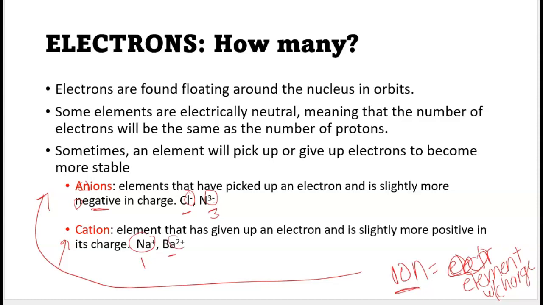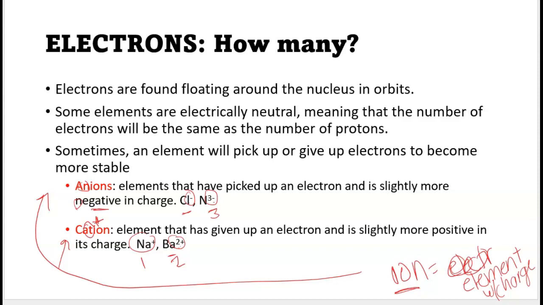Barium in this case is 2+, meaning that it gave up 2 electrons. That's how we can tell whether an element has a different amount of electrons than it should, the normal amount, which would equal the amount of protons. By looking at that superscript, we can figure out if it's an anion or a cation. And again, handy dandy tool: cation has a T, which looks like a plus sign.